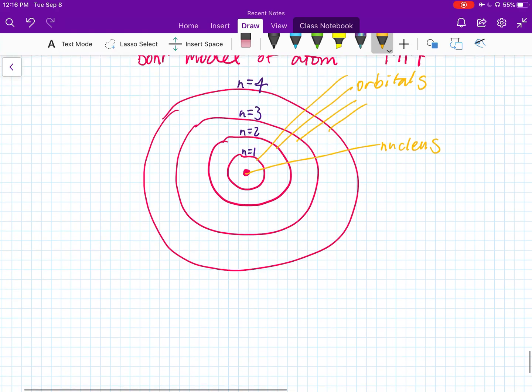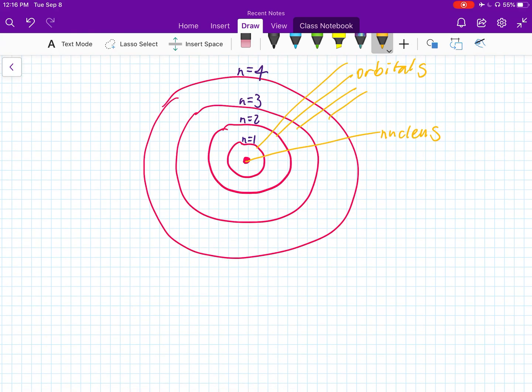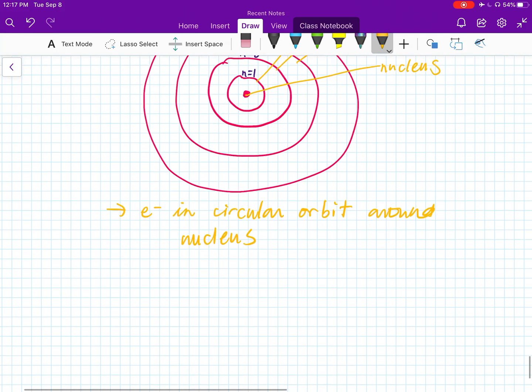In the Bohr model, we have several things that distinguish it. We have the electrons in circular orbit around the nucleus. We have electrons in fixed energies in a given orbital.